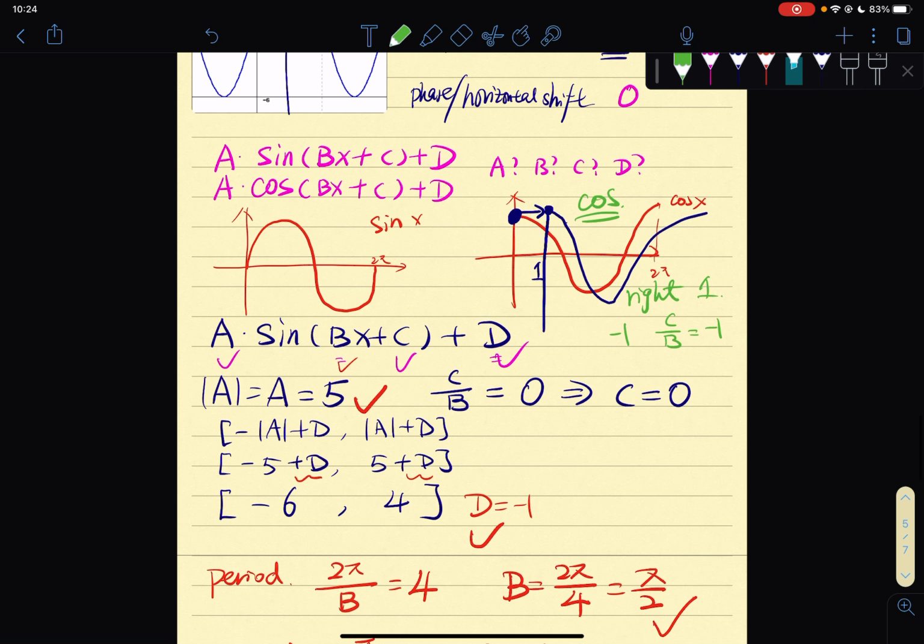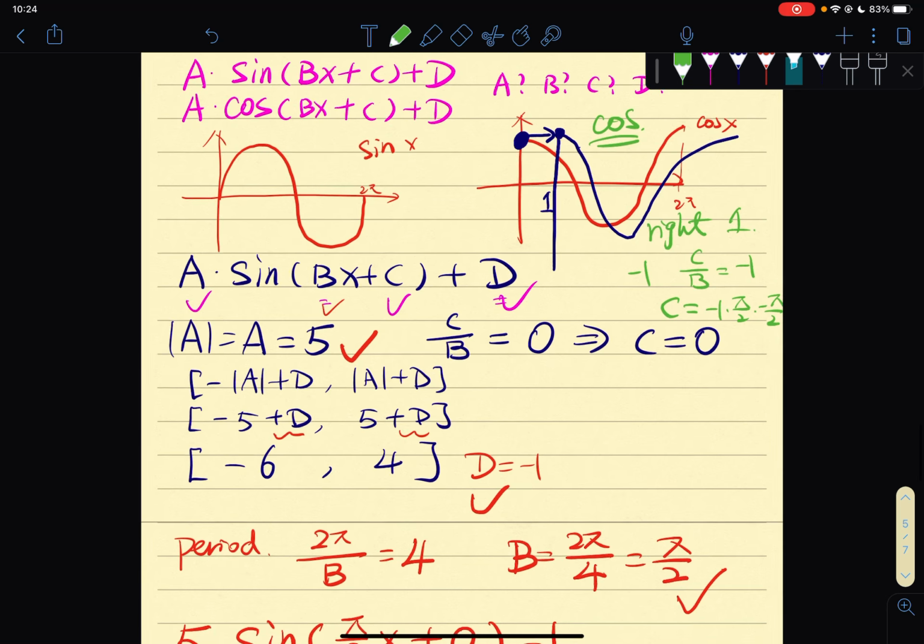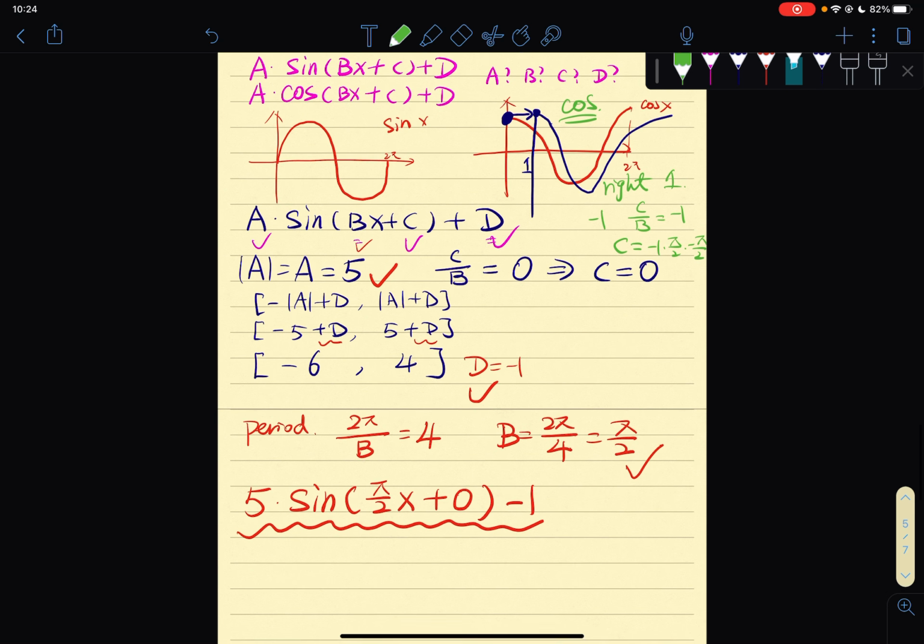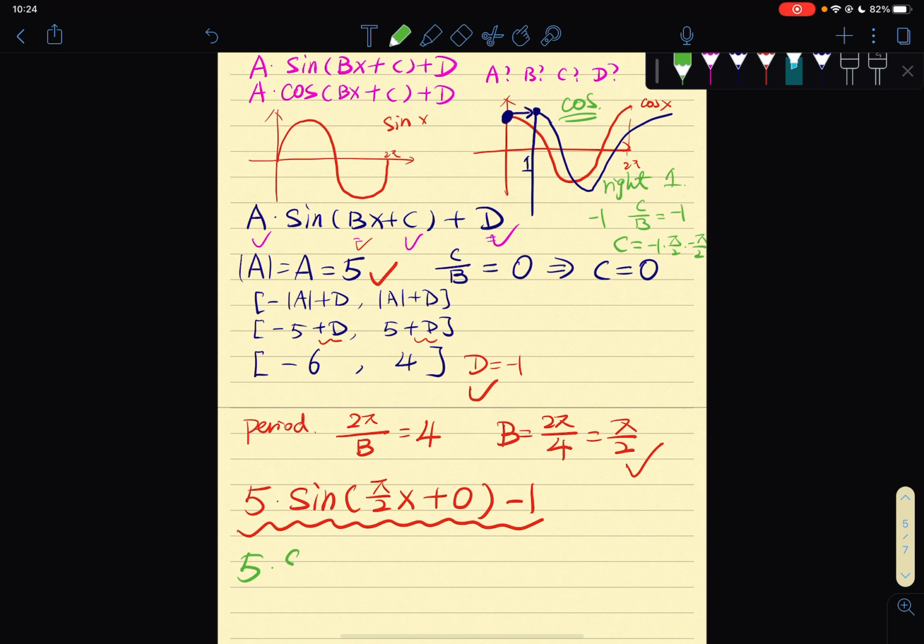You did find your b to be pi over 2, so your c is -1 times pi over 2, so it's -pi over 2. So if you want to do the whole thing as a cosine function, it's the same a, the same b, a slightly different c, and the same d.